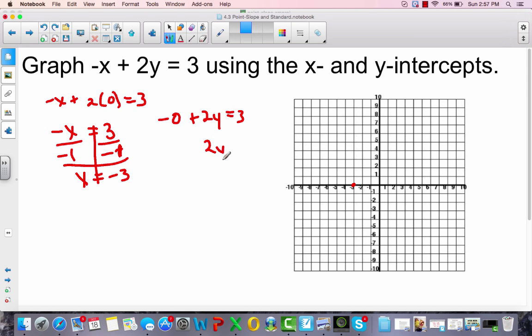So that gives us 2y = 3. Divide by 2, divide by 2. That gives us y = 1 1/2. So now we come over to the y-axis and we go 1 1/2, and we draw our line. And voila, there we go.